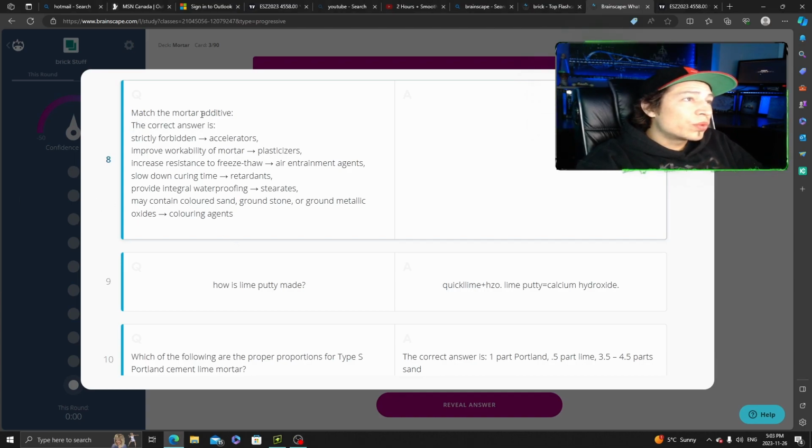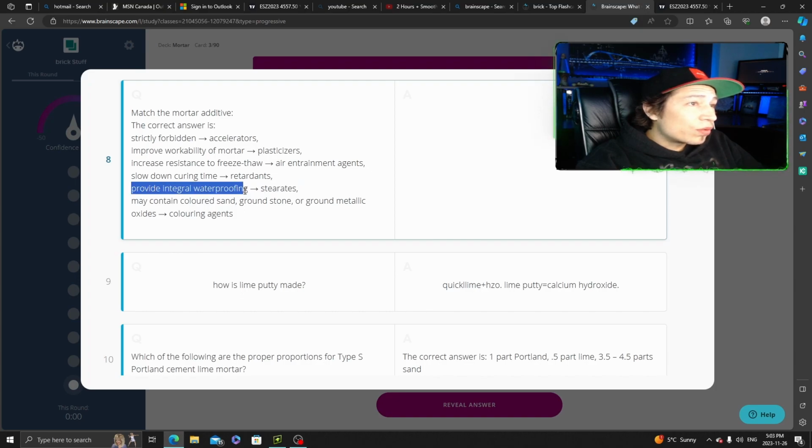So match the mortar additive. Strictly forbidden: accelerators. Improve workability of mortar: plasticizers. Increase resistance to freeze-thaw: air entrainment agents. Slow down curing time: retardants.